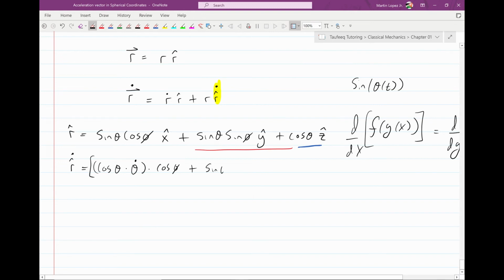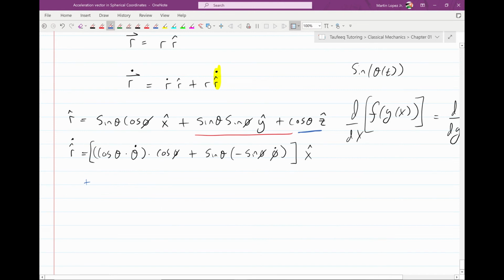So cosine theta, theta dot, cosine phi, plus sine theta, so we leave the first term alone, and we have negative sine phi, phi dot, and then that is all times x hat.